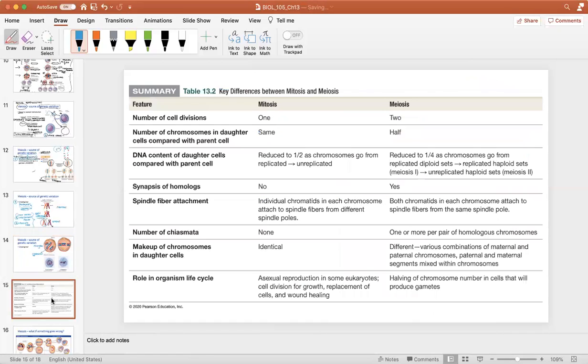Here, I wanted to point out for you that we have a summary of the differences between meiosis and mitosis, okay? But the big deal that I want you to remember about meiosis, and the reason that it exists, even though it is more complex, it exists because sexual reproduction, which is what meiosis helps to enable, generates genetic variation, okay?